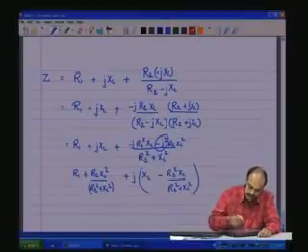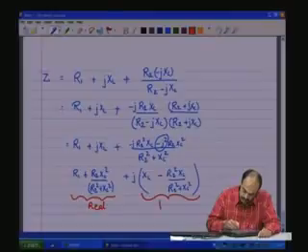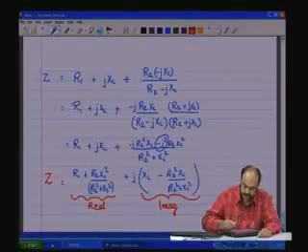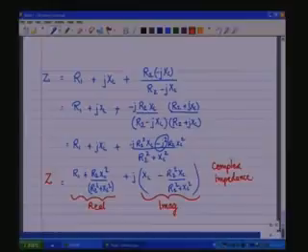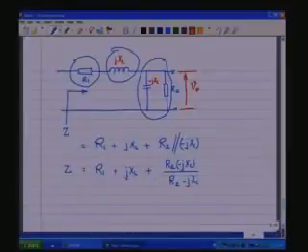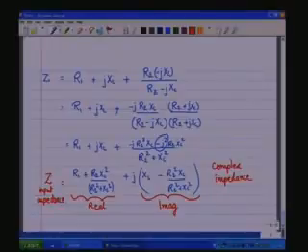So, we have basically split the whole impedance into a real part and an imaginary part. This is equal to our Z, the complex impedance. This is the complex impedance of this circuit as viewed from the input. So, this is nothing but the input impedance of that circuit.